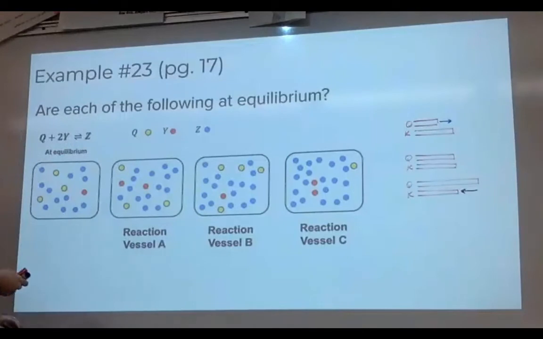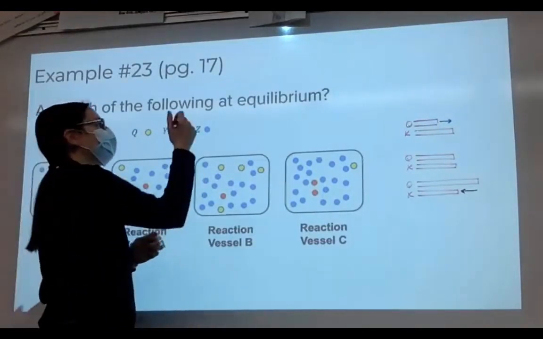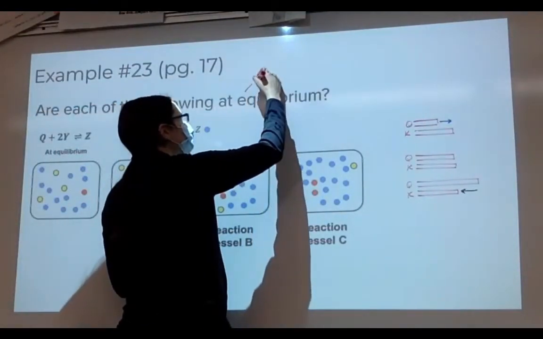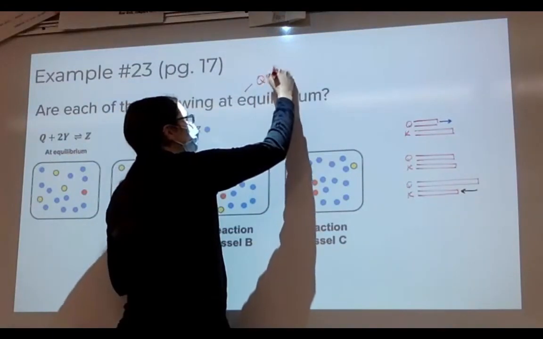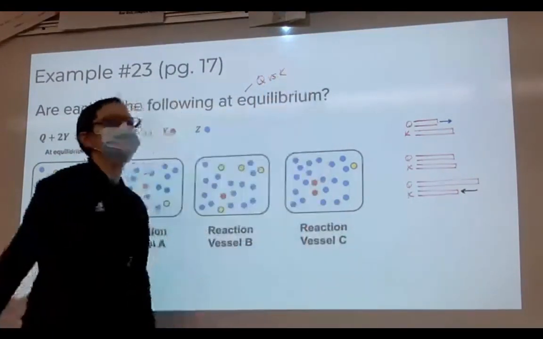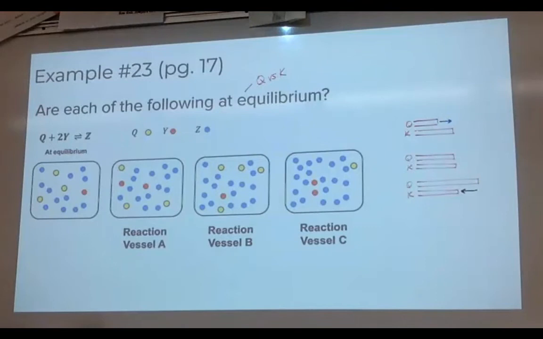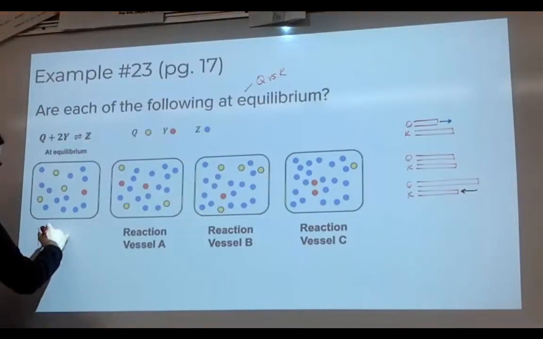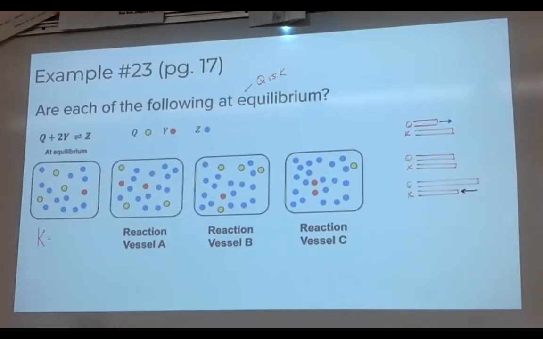To know if we're at equilibrium, that is Q versus K. That's looking at Q versus K, so we need to know what K is. Well, here's the particle diagram for equilibrium, so this will allow us to solve for K.